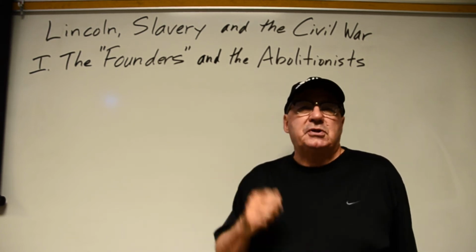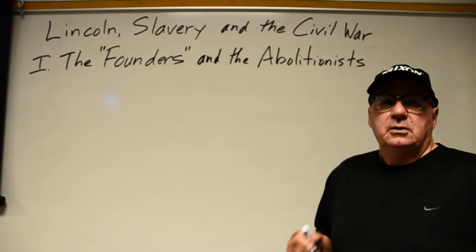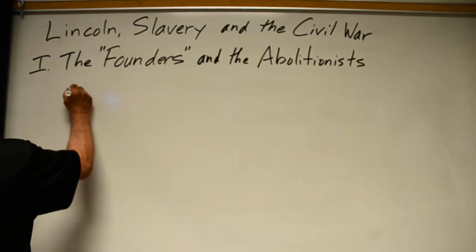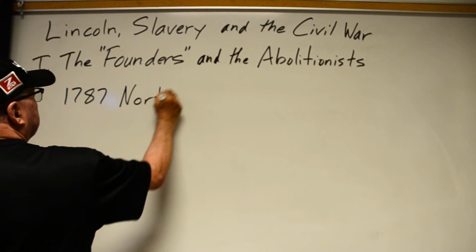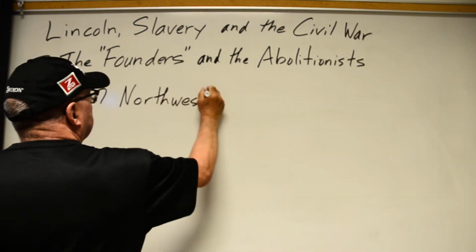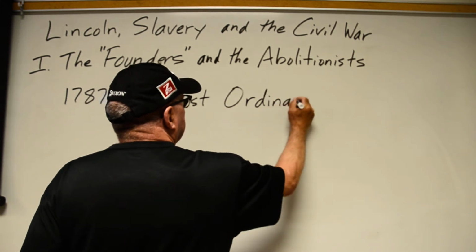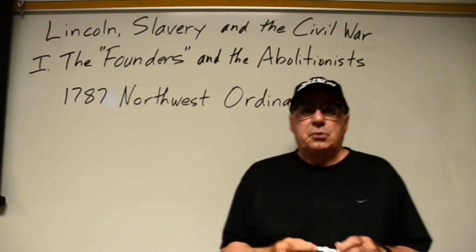One of the major decisions made during the Articles of Confederation took place in 1787. It was called the Northwest Ordinance.